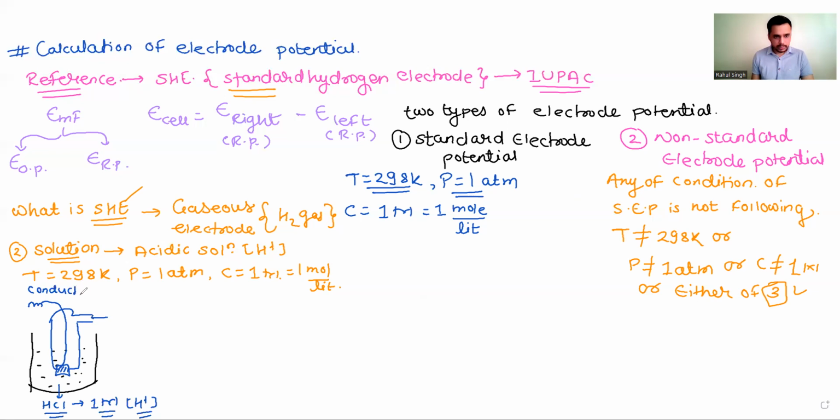Basically this wire gets connected, and here we have our hydrogen gas, which is at 1 atmosphere pressure. And this is platinum coated. Platinum, we have seen, is inert in nature.